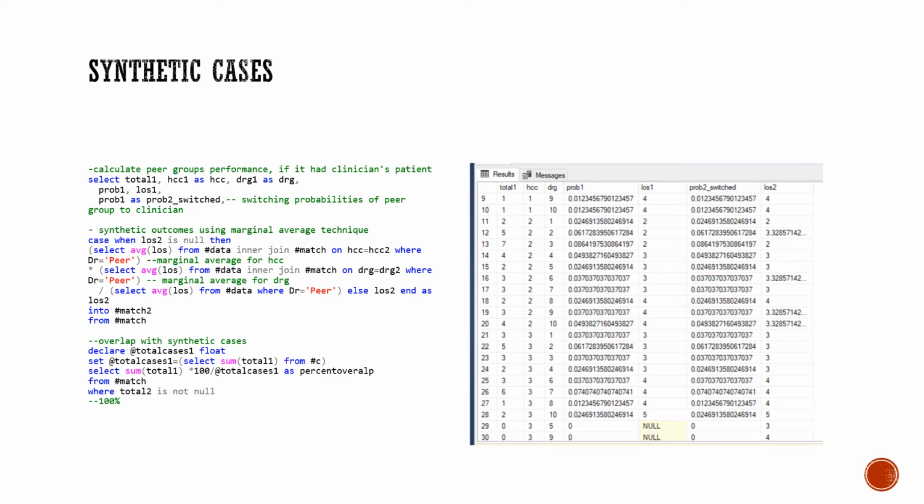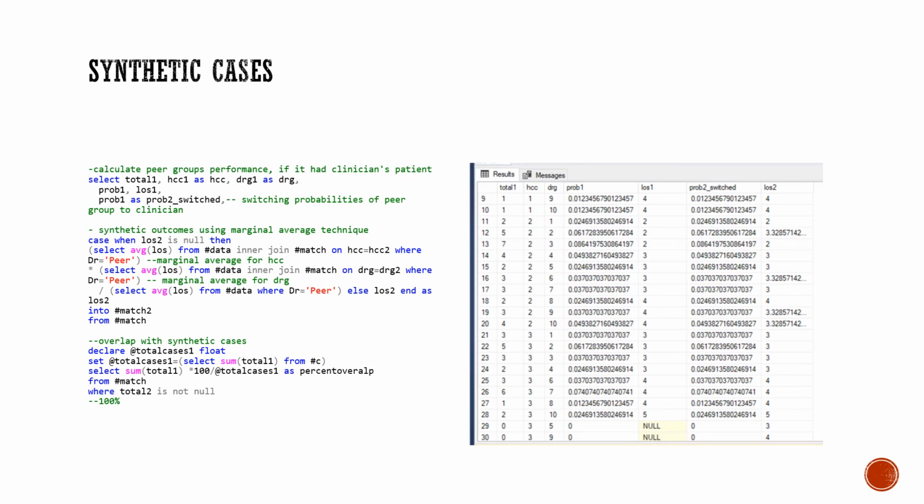There are different techniques to calculate synthetic cases. What I use is the marginal average approach. However, there are regression approaches and other models that you can use to complete the missing data. In this approach, we took the product of the average length of stay for each covariate in each provider group and divided it by the average length of stay in that particular group.